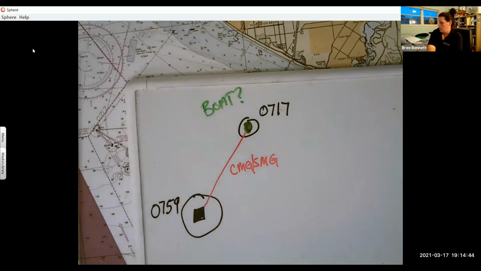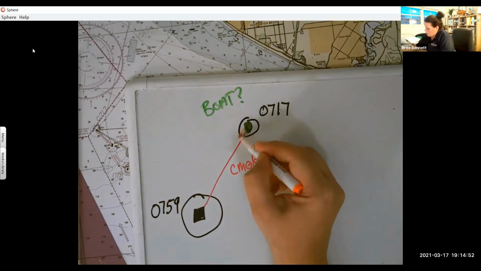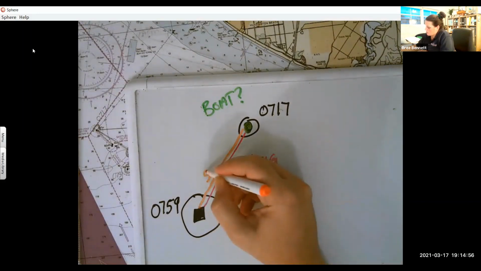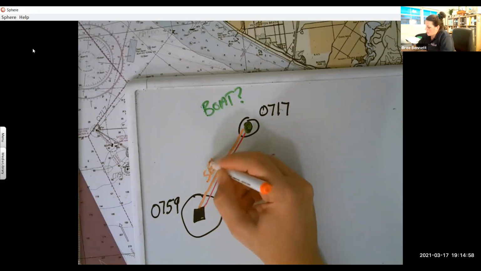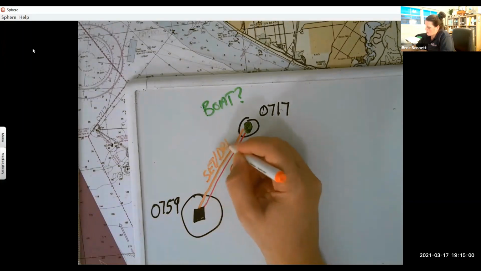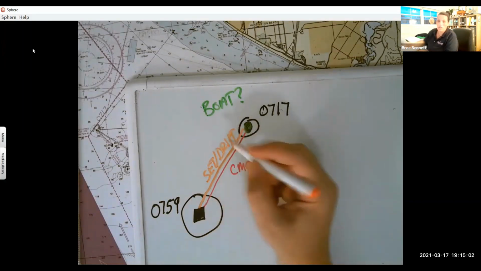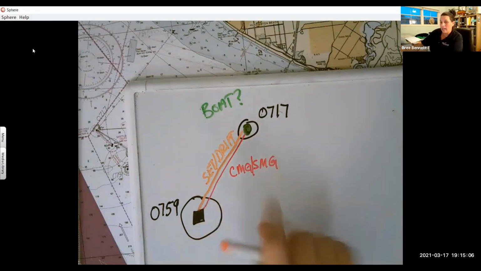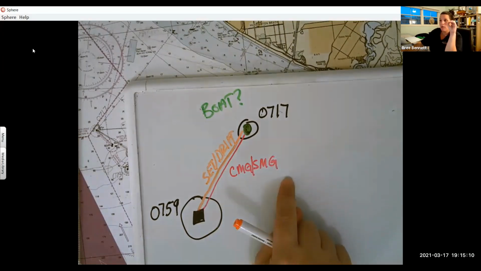So then I guess I'm going to do orange. The same line here is going to be my set and drift, my current line. So my current is the same as my made good because my boat is doing 0.